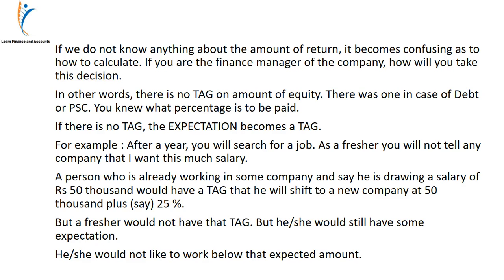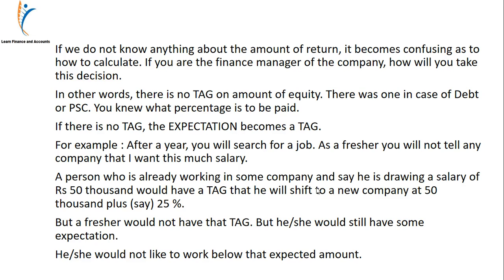But still, there are some expectations. What are the expectations of the fresher? The company says, okay, you have to come to Bangalore or this city, and you have to report in this branch. So the fresher will think, okay, if I go to another city, these will be my expenses. I will have to live as a PG.